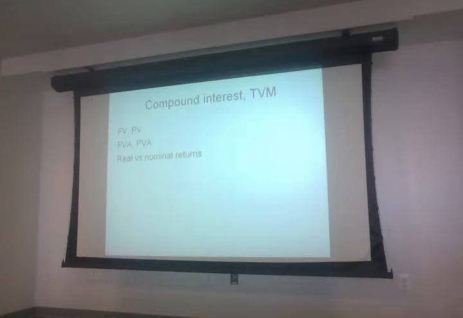We divided it by 1 plus the inflation rate, and that produced 1 plus the real return. So this is a precise relationship. You notice that this is actually multiplicative, it's not additive. Now, for small rates, it is very well approximated with an additive relationship. We can actually show that to you.